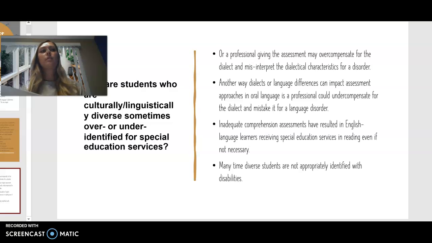So they can undercompensate and misinterpret it for a disorder, or they can overcompensate and mistake it for a language disorder.